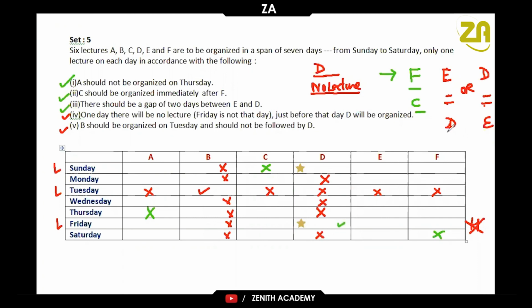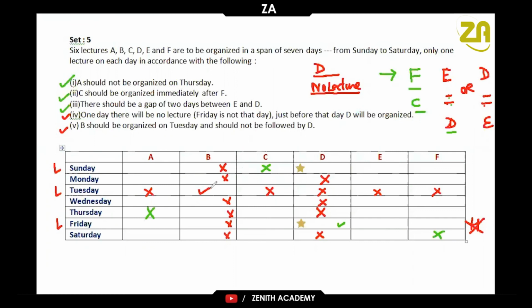If this is the case, D, then 2 days gap, and E. If lecture D is Friday, then 2 days in a downward direction not possible. Upward, Thursday and Wednesday, 2 days, and then lecture E should be. But here lecture E is not possible on Tuesday.